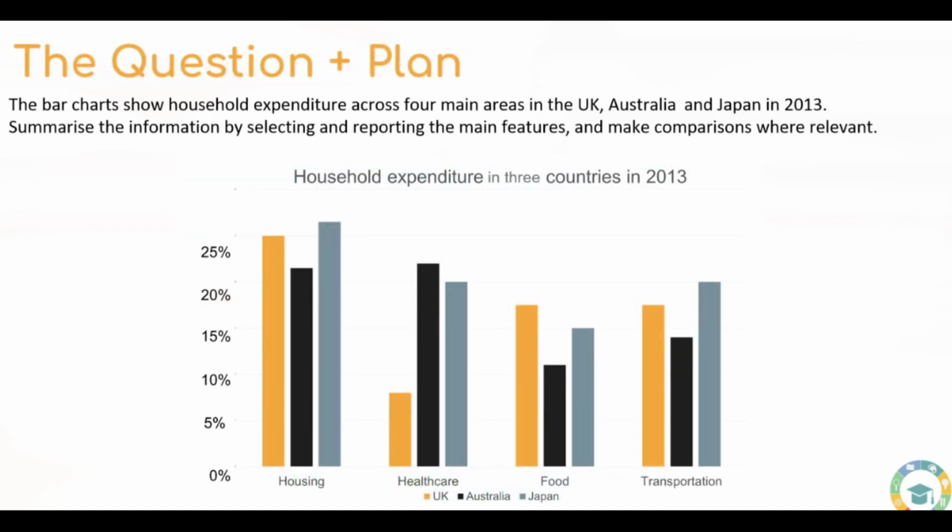The bar charts show household expenditure across 4 main areas in the UK, Australia and Japan in 2013. Summarise the information by selecting and reporting the main features and make comparisons where relevant.